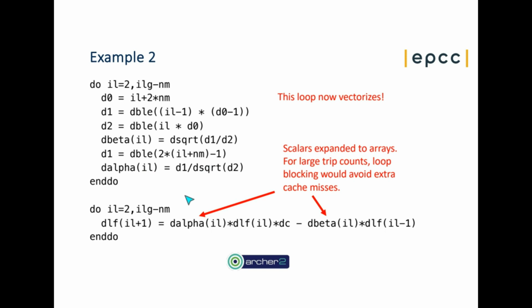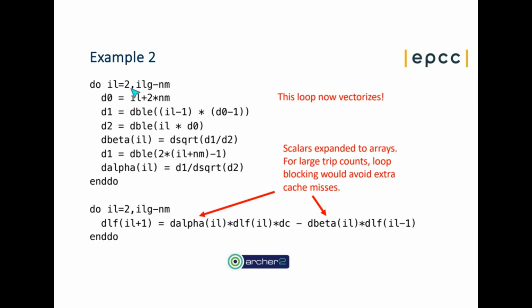The danger of doing this kind of scalar expansion is that if these arrays are large enough that they don't fit in your level 1 cache, then you will incur some additional costs. For this particular code, the length of these loops was not long enough to worry about. It was on the order of 100 or 1,000, and these temporary arrays do fit in L1 cache, so not too much of a problem.